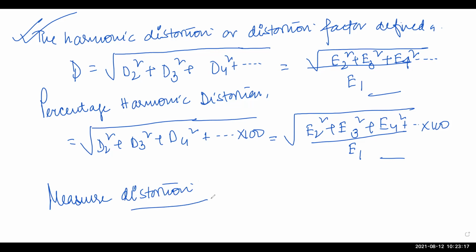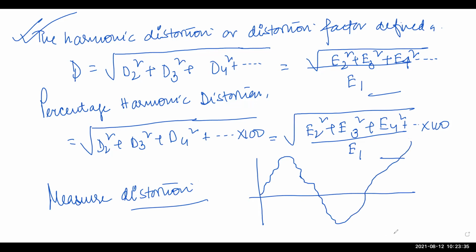And what is distortion? Suppose a waveform, this is a very smooth waveform. This is called a smooth sine wave. But a distorted sine wave will be like this. So this is actually a distorted wave.